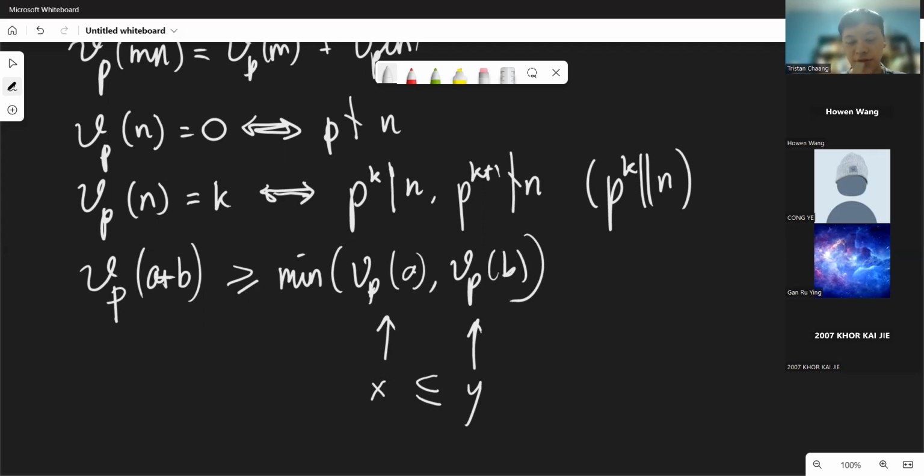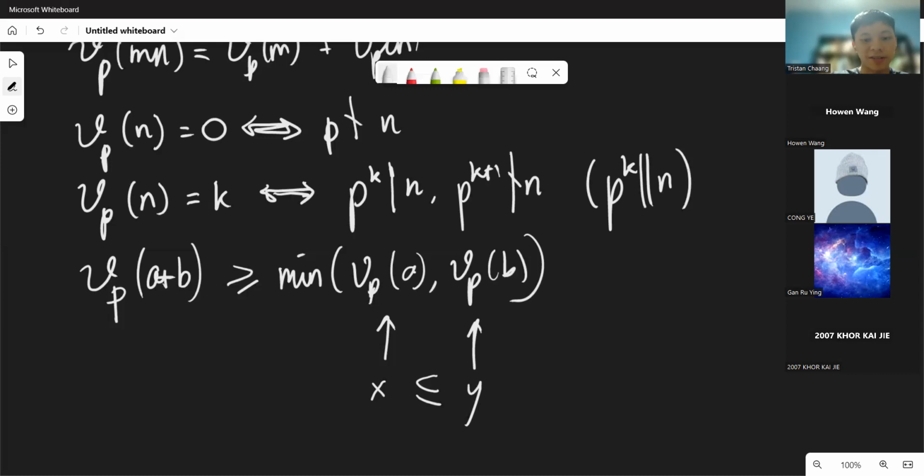But an interesting question is, when does equality hold? Is there any simple condition such that you have an equality? Like if it's x and y, and let's say x is the smaller one, the smaller one can also be equal.